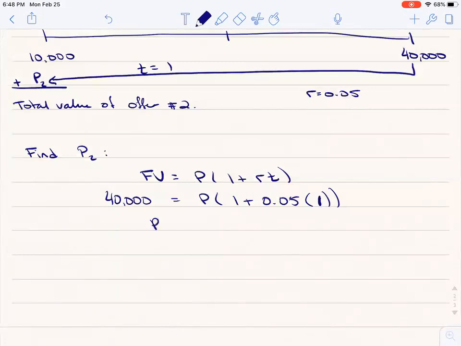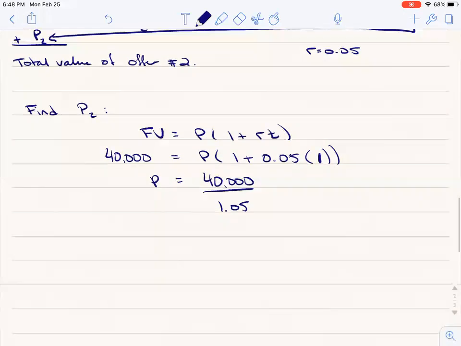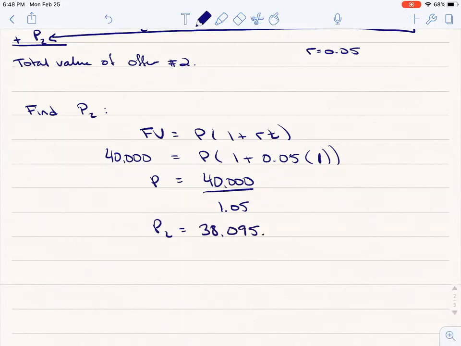So P is 40,000 divided by 1.05 once you've simplified. So P2, skipping straight to it, is 38,095.24.